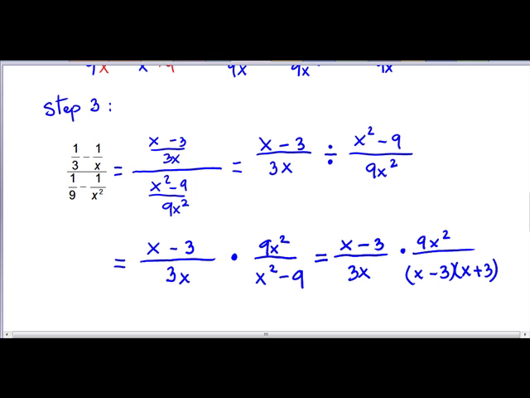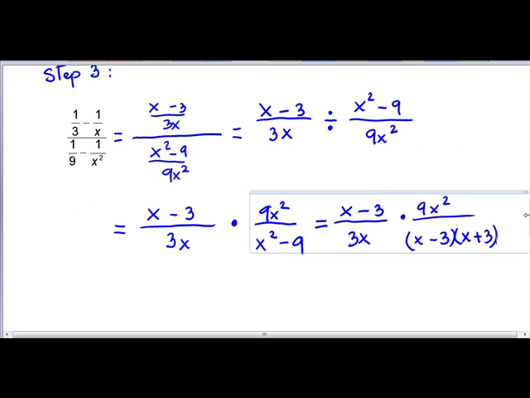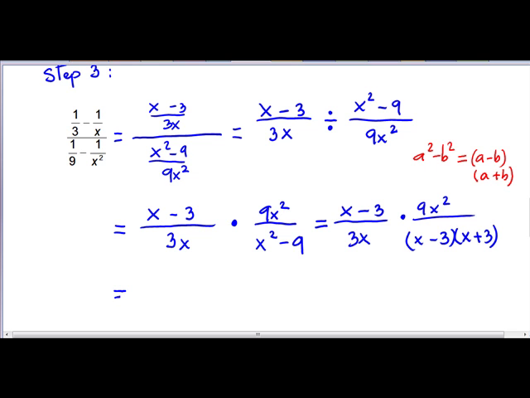Because I remember I learned somewhere in the past the identity a squared minus b squared, so please remember this equals a minus b times a plus b. In this case, x is a and b is 3, because 9 can be rewritten as 3 squared. If you remember this identity, it will save you a lot of time.